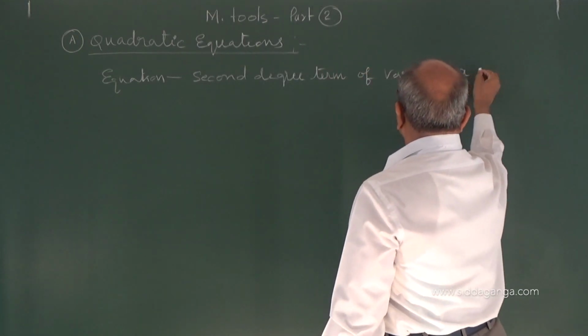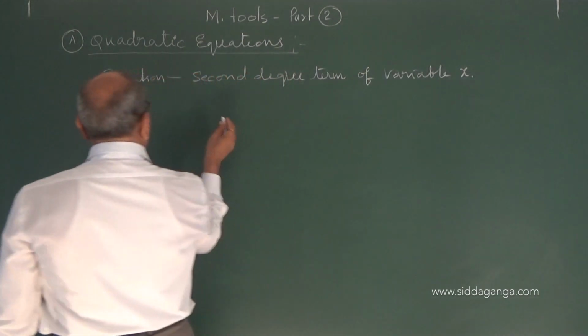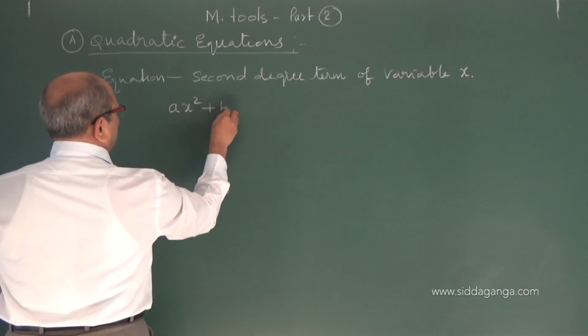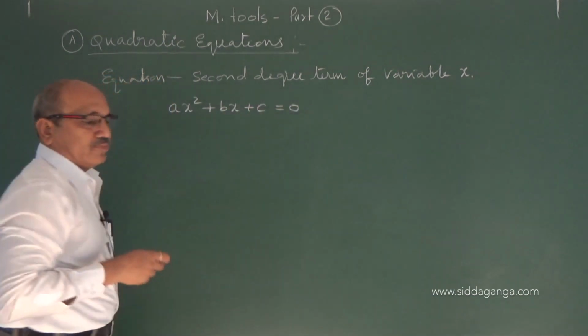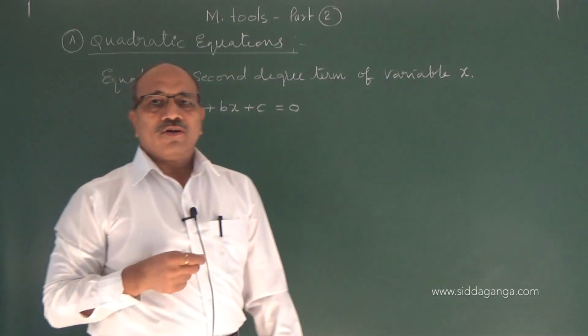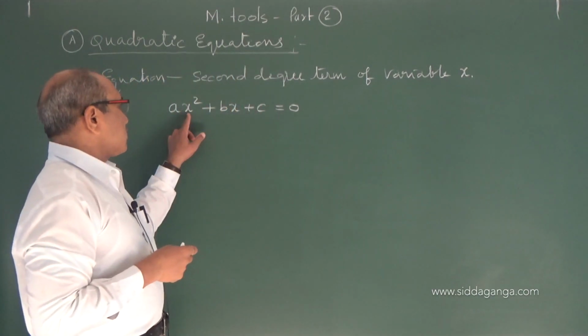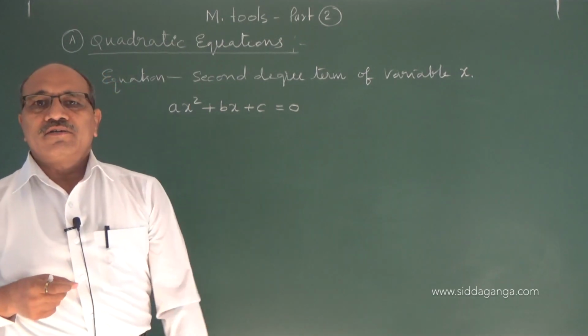For example, take x, which you have studied, in the form ax square plus bx plus c equal to 0. This we call a quadratic equation, where the variable x is to the power of 2. It has a second degree term.